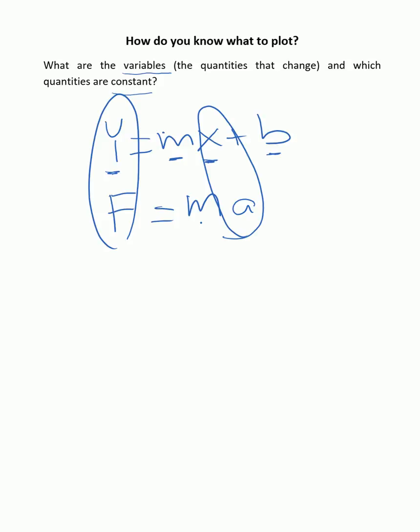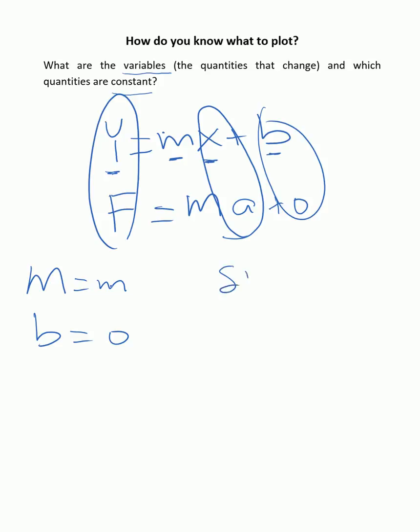So then the mass of the cart will be the same as the slope. Our intercept b has got to be 0. Now that we know that the mass is the same as the slope, we also know that the uncertainty in our measurement of the mass is the same as the uncertainty in the slope.